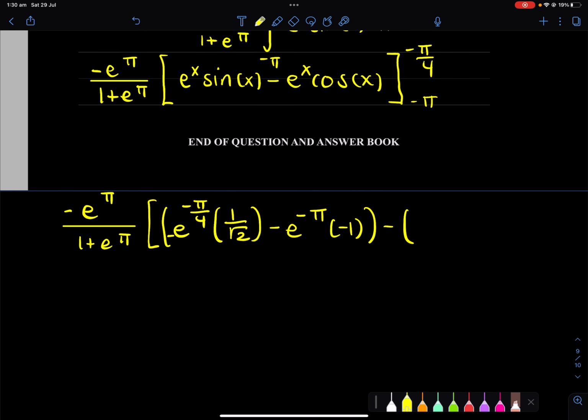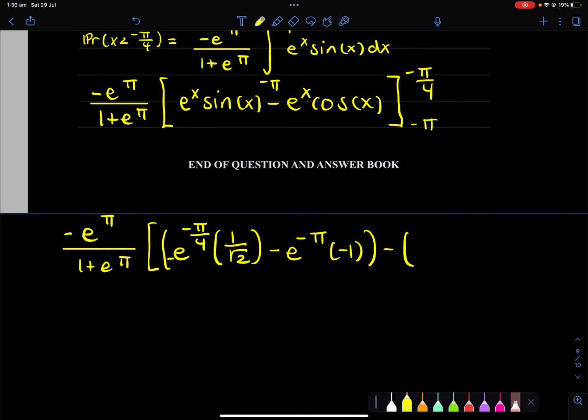Minus, now, wait, what have I done here? Okay, I've made a mistake. I've mixed up everything. So we're putting negative pi, so e^x, this would be one of this. So minus e^(negative pi over 4) cos pi over 4, which is still 1 over root 2.